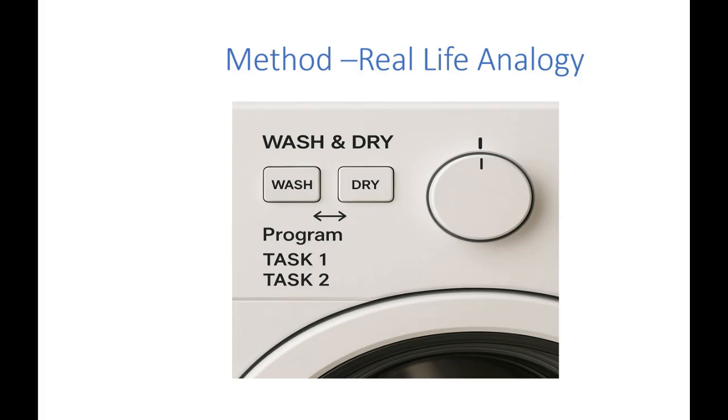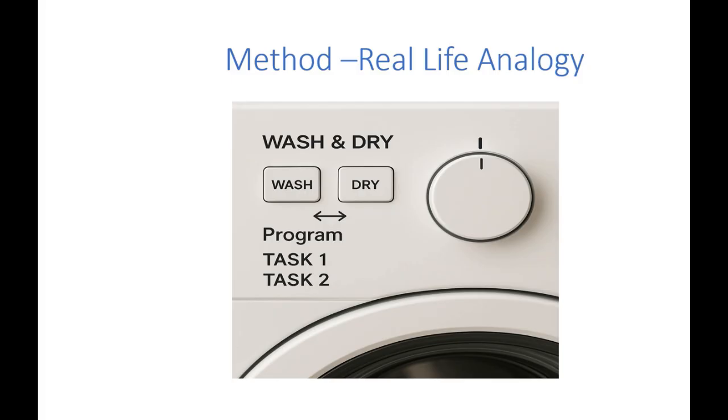These are known as methods, or functions in other languages. So we divide a program into small tasks, and when I need to perform a particular task, I call the particular code and execute it.